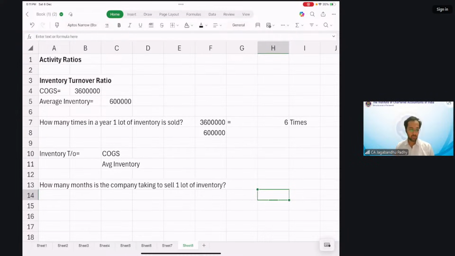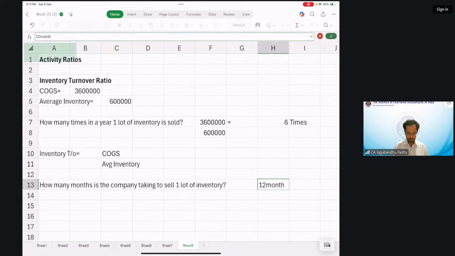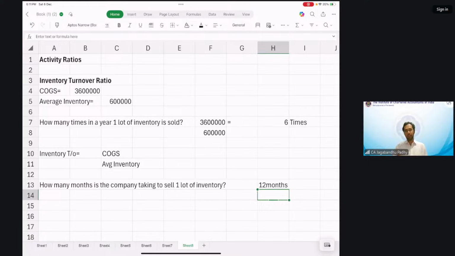What is the time period? How many months is the company taking to sell one lot of inventory? 2 months. Perfect.